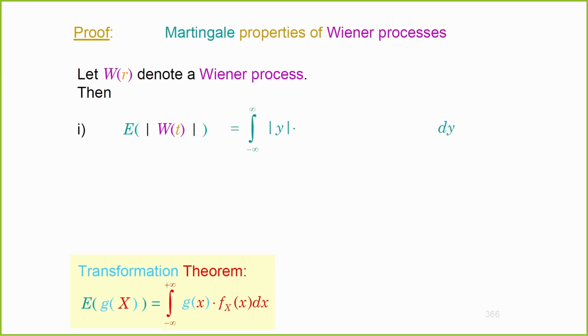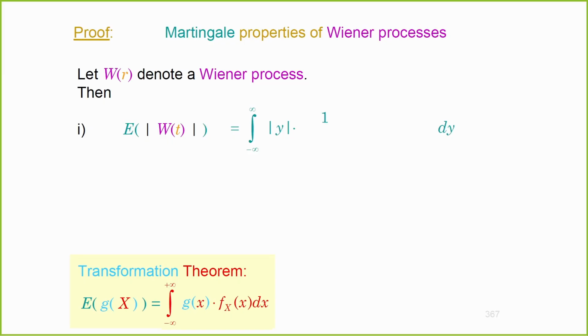Now, what is the density of the Wiener process? Since the Wiener process is a Gaussian, you can call it a random variable, because at time point t it would strictly speaking be a random variable if t is fixed. You need to use the Gaussian density where the mean is 0 and the variance is sigma squared times t.